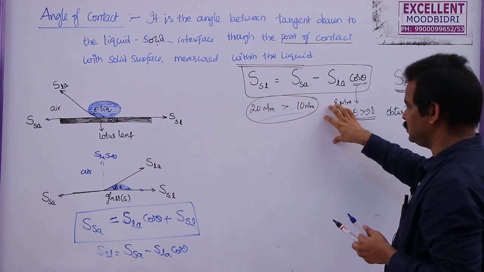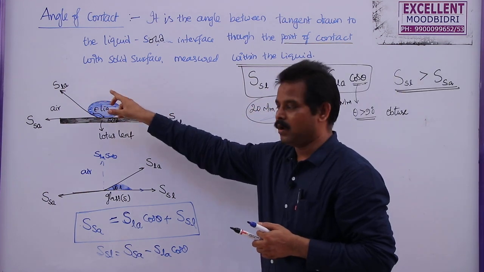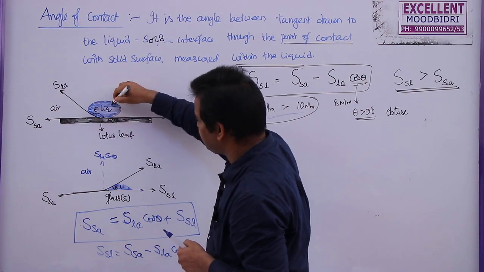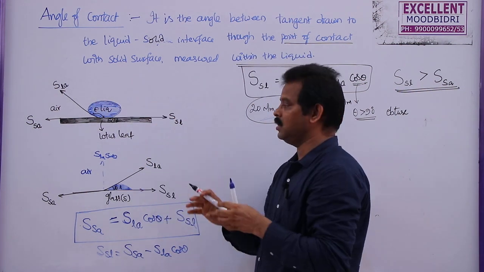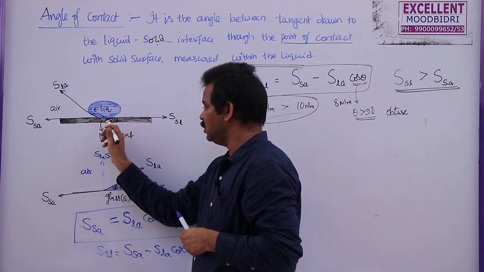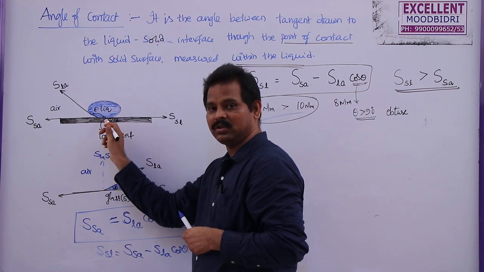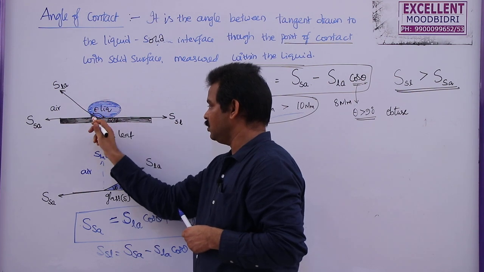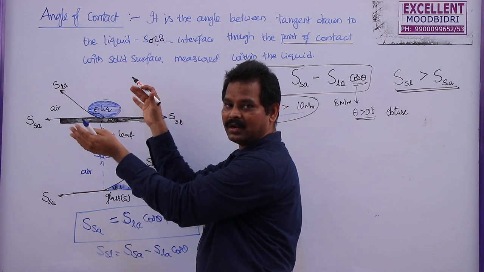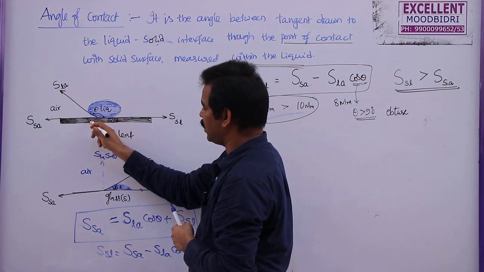So this is the case where we explain a water drop on a lotus leaf. Here the molecules of the liquid attract each other more strongly than the attraction between liquid and solid. Only some particles are sticking to the surface, and all other molecules are not sticking. Why? Because great energy is required for these molecules to attract with the solid.